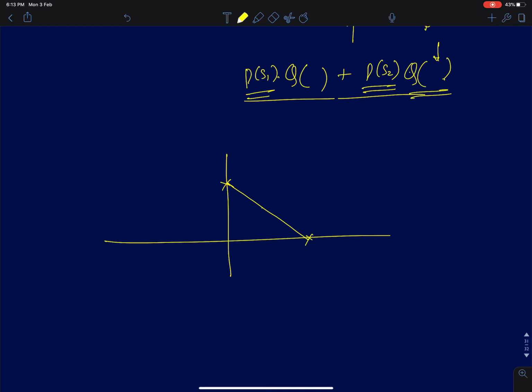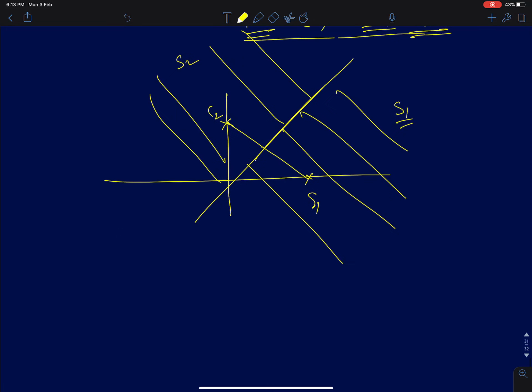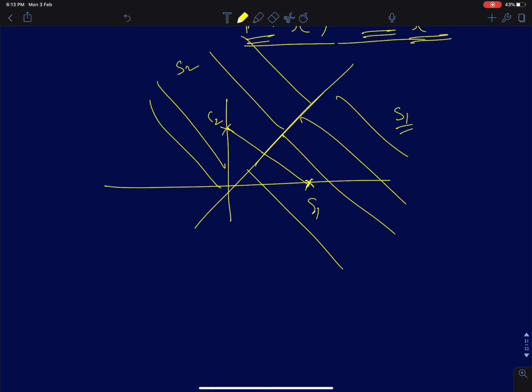The decision region is going to be perpendicular to the line joining the two points. So if your symbol is in this region, let's assume this is S1 and S2, you'll assume S2 is transmitted. If it is in this region, you'll assume S1 is transmitted. So whatever the dimension, the probability of error will only depend upon the distance between the two constellation points. That's a very important thing to remember.